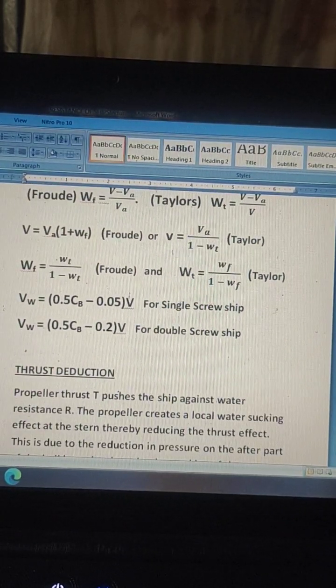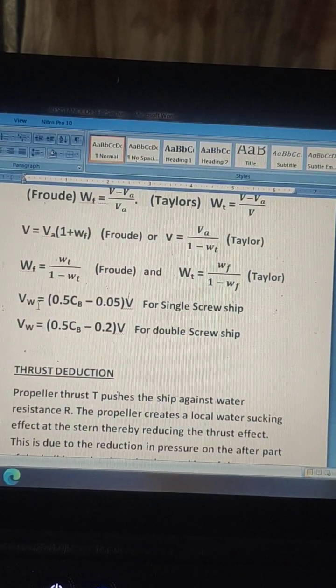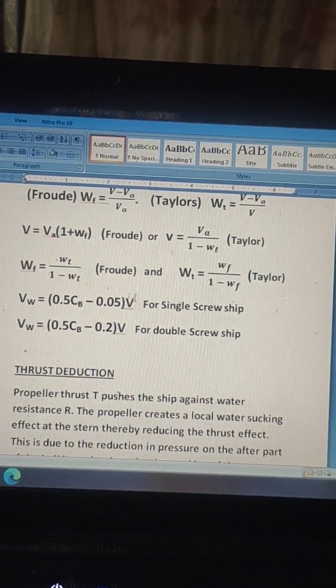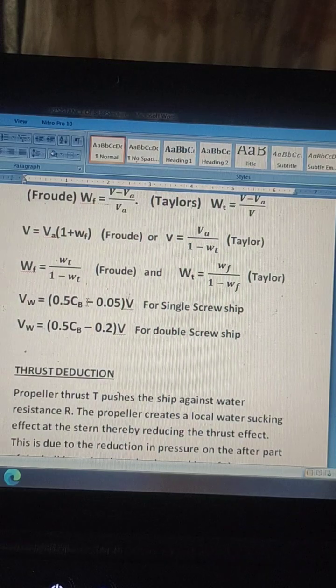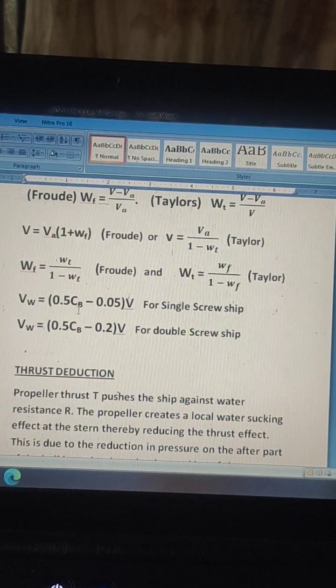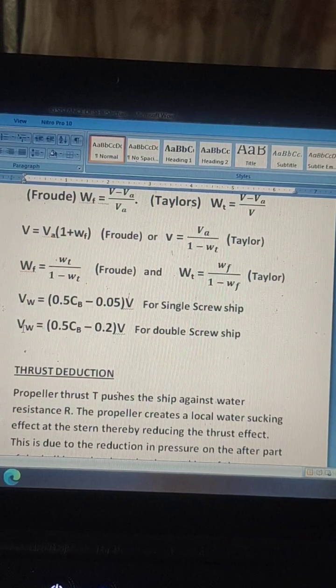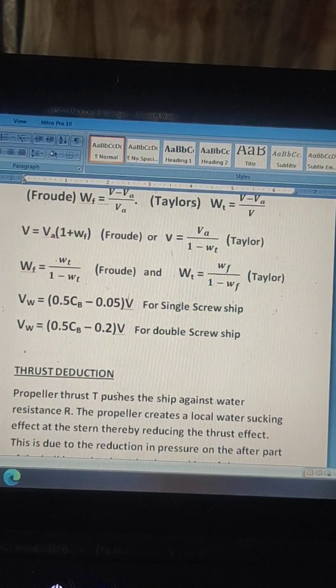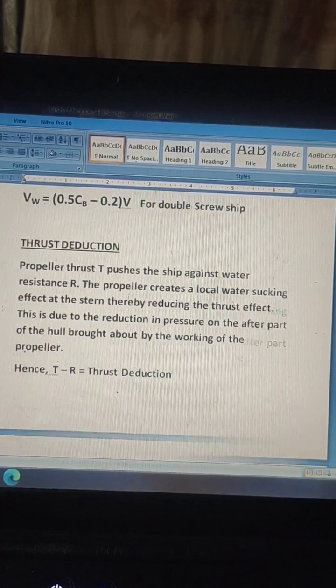Now the wake fraction for a single screw ship is derived to be of this order. See, it has this block coefficient factor, which is the shape factor, the form factor. Also, for double screw. Again, we go to the thrust.